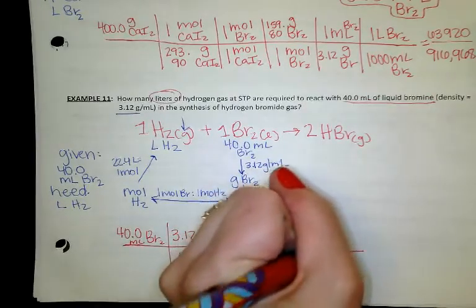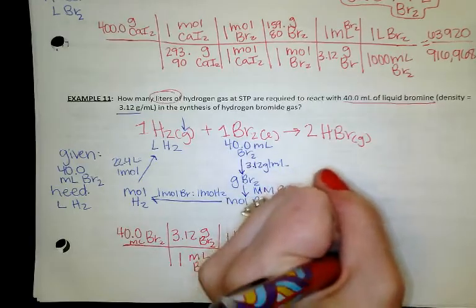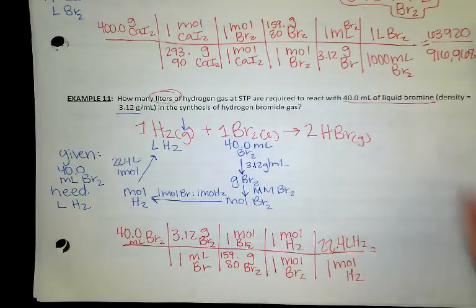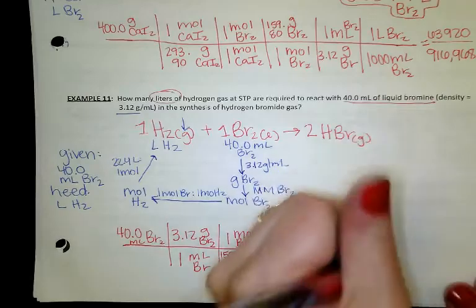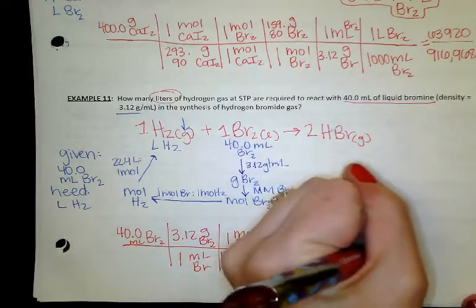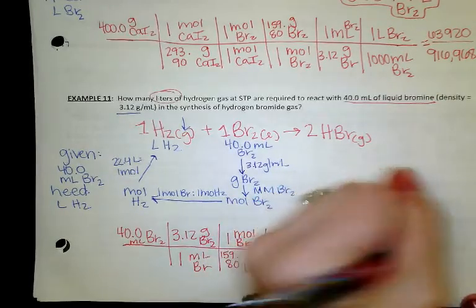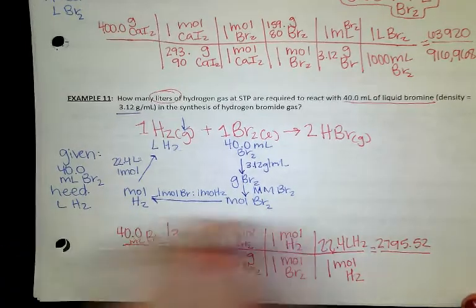So we're going to do 40 times 3.12 times 22.4. That'll give us 2,795.52 on top. And then we're going to have 159.80 on the bottom. So that's divided by 159.8.